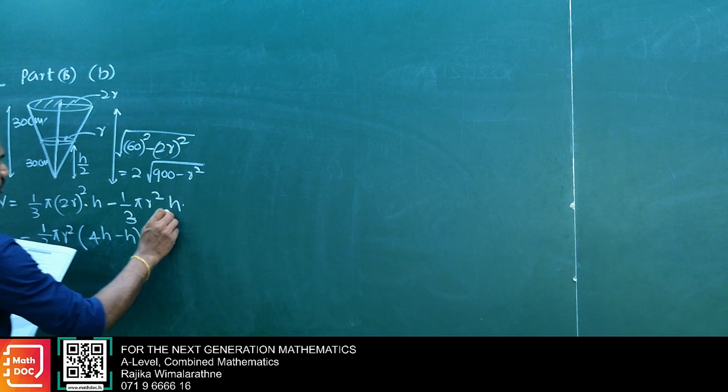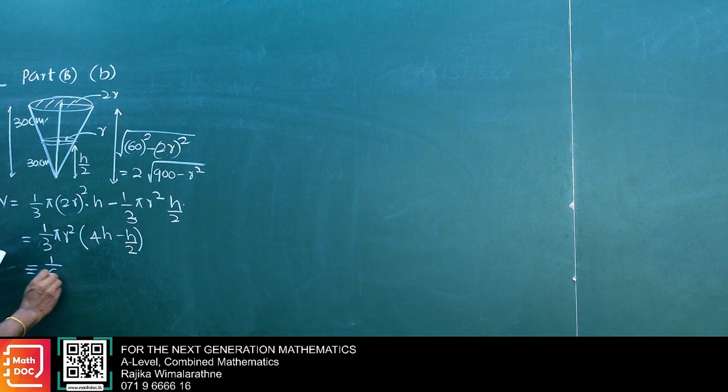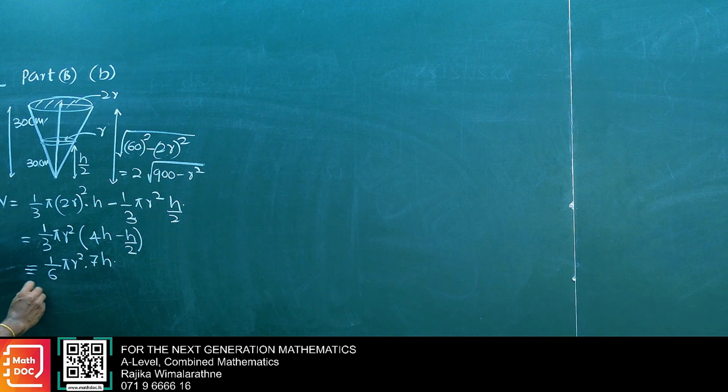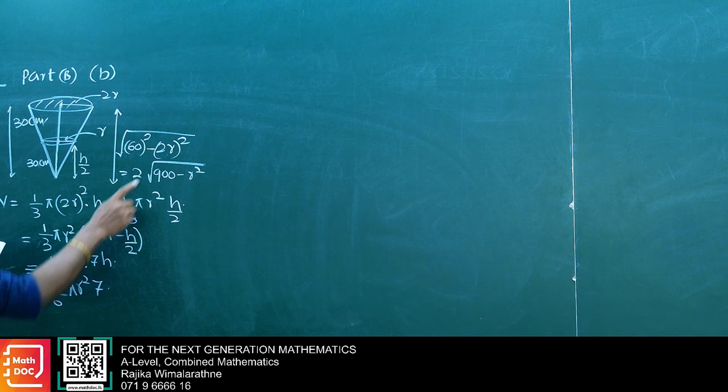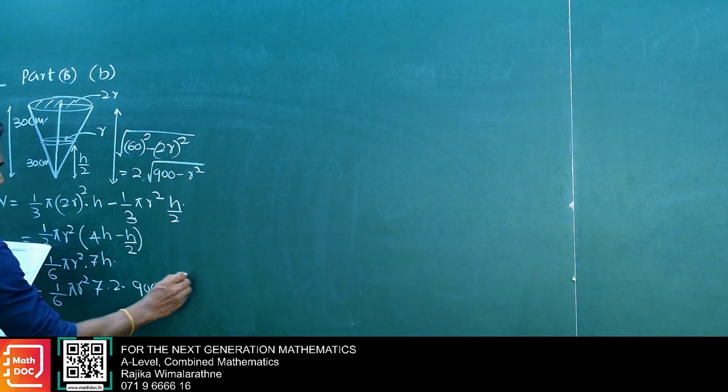Here it is h by 2, no? Then 1 over 6 pi r squared times 7h, where h means 2 times the square root of 900 minus r squared.